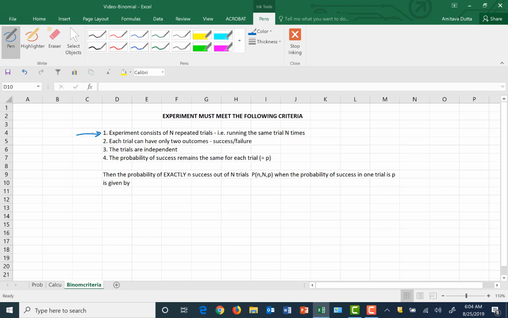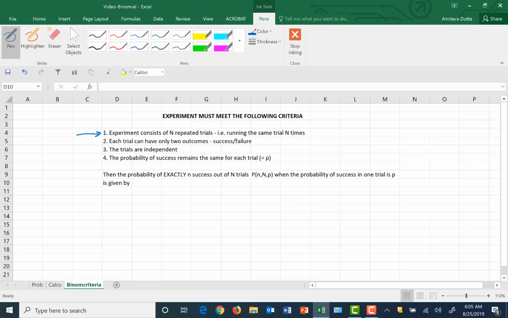You must run the same trial n times. So what did we have in our case? We picked the first student. Did they stay or did they withdraw? Pick the second student, did they stay or did they withdraw? Third student, did they stay, did they withdraw? So we repeat the same trial 40 times. So the experiment consists of 40 repeated trials.